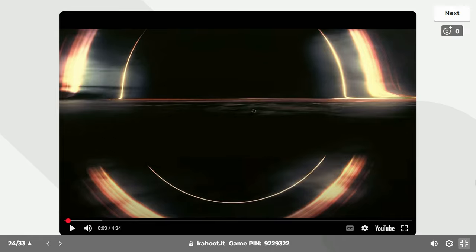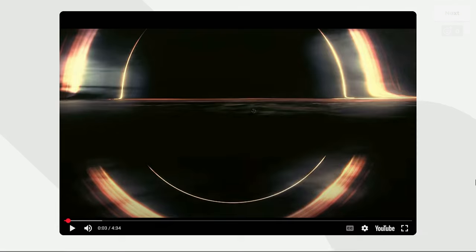So this is just a scene from Interstellar. If you haven't seen it, it's a good movie. All of the visuals, of course, are computer generated, but they worked with prominent astrophysicists to develop these computer graphics.